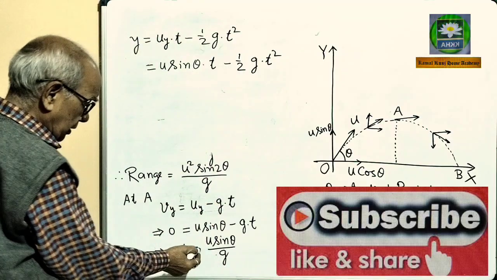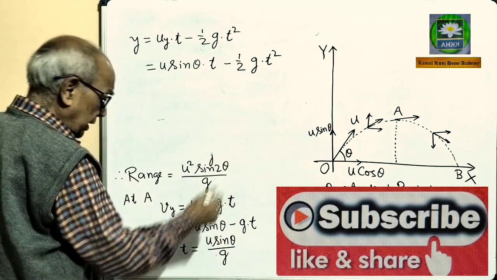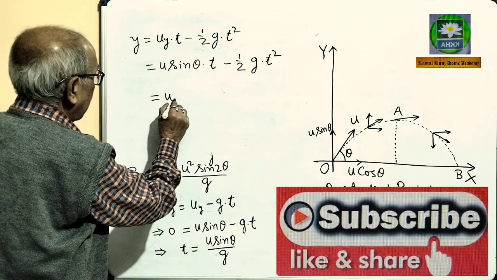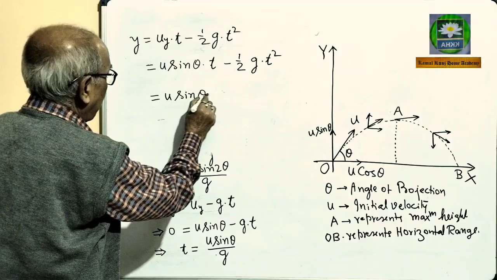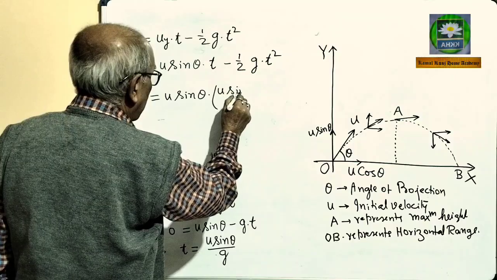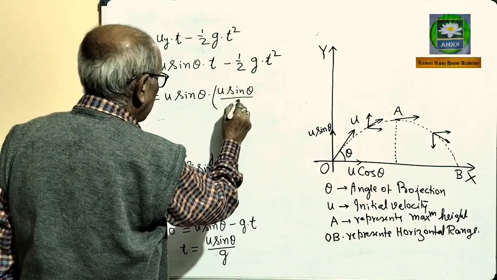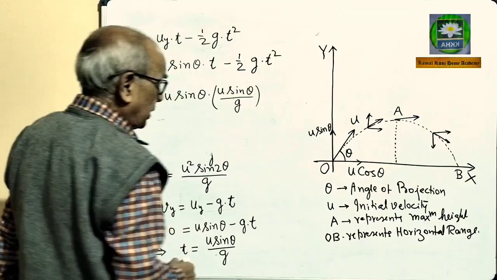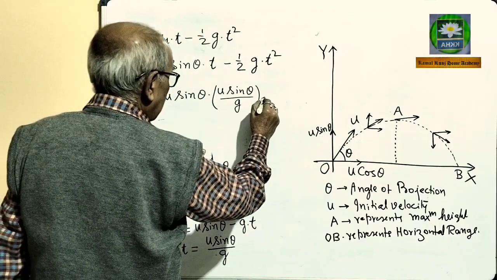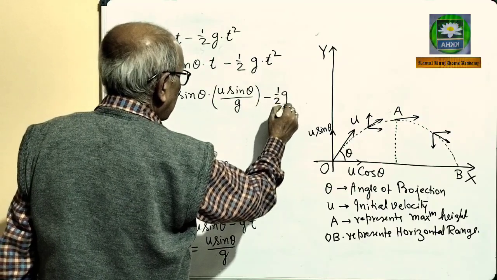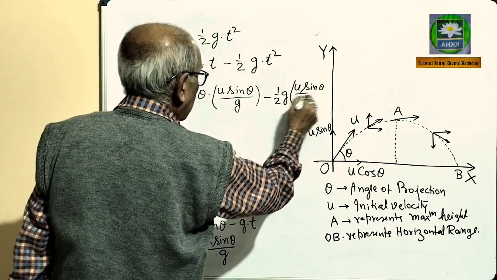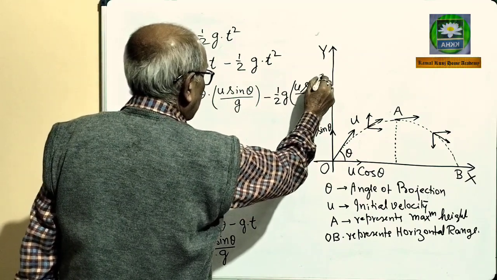The time taken by the particle going to point A is u sin theta upon g. This is equal to u sin theta by u sin theta upon g, minus half g into u sin theta upon g whole square.